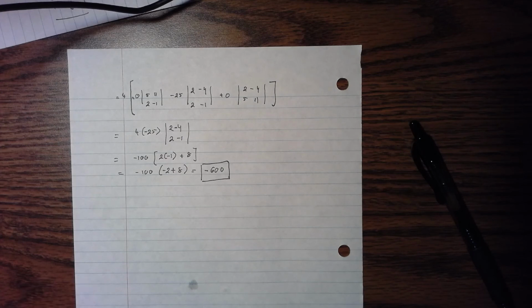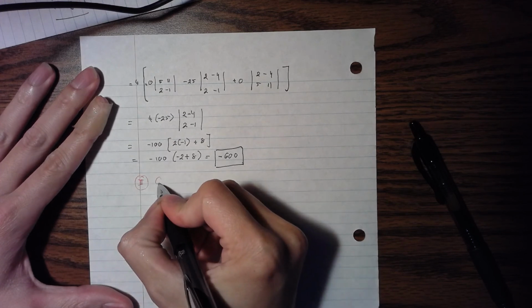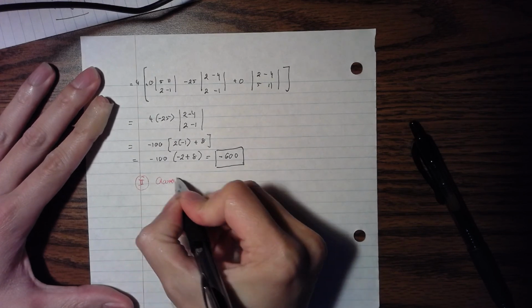Okay. So on the second part of this lecture, I want to talk about Cramer rule, and this rule is used to solve the system of linear equation. So second Roman, Cramer rule.